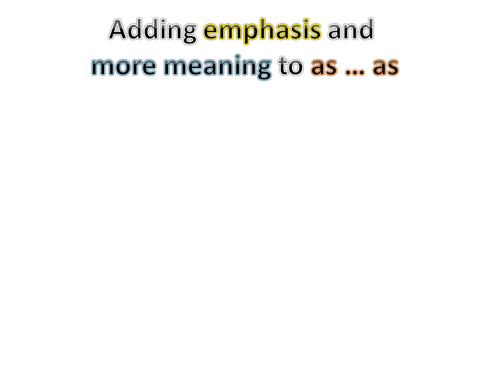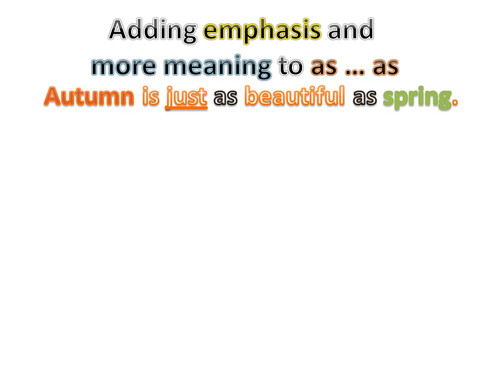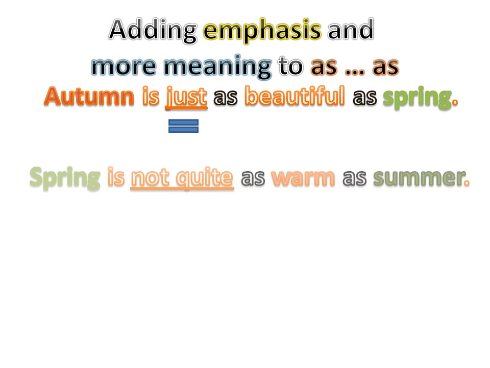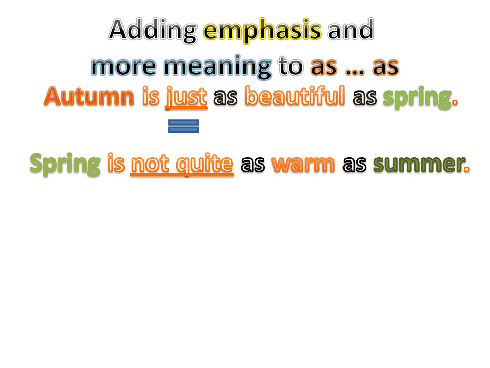It's also possible to add emphasis and more meaning to our sentence pattern as. We can also say autumn is just as beautiful as spring. Using just adds emphasis to say that autumn and spring are equally beautiful. Spring is not quite as warm as summer.